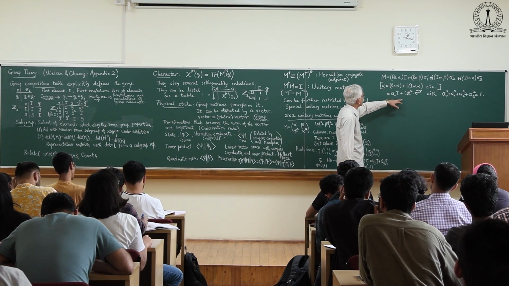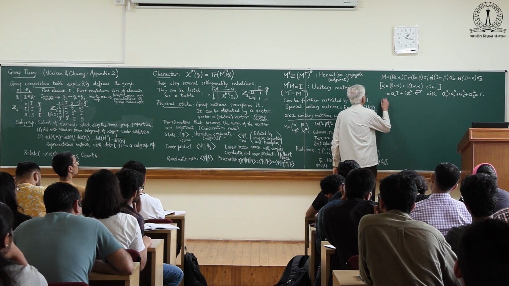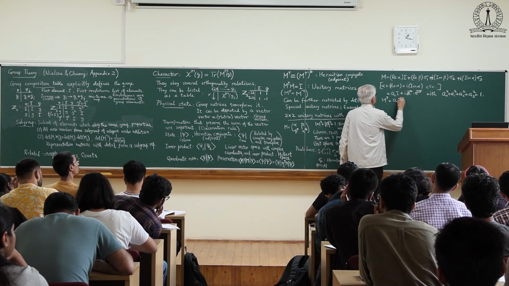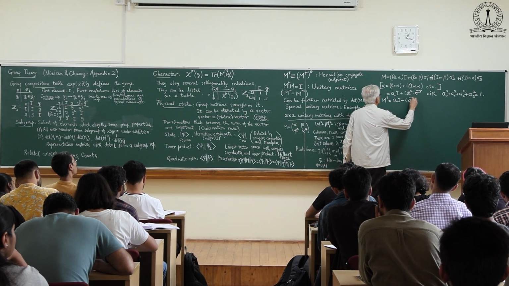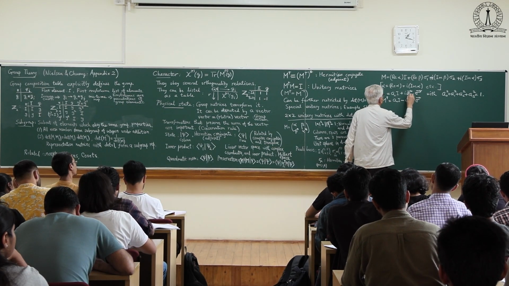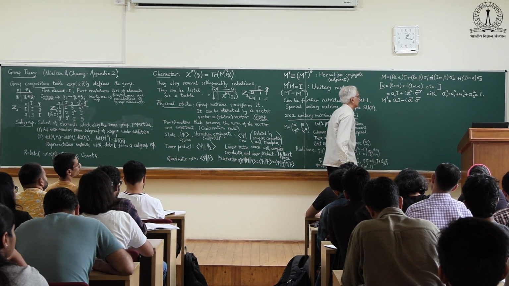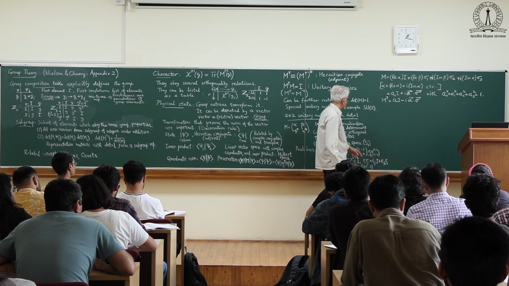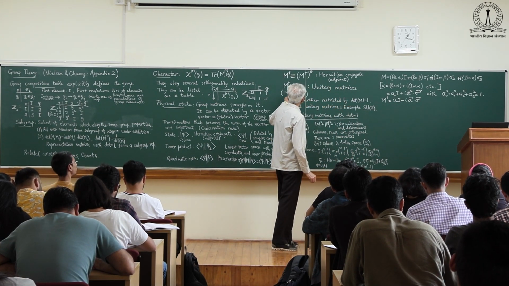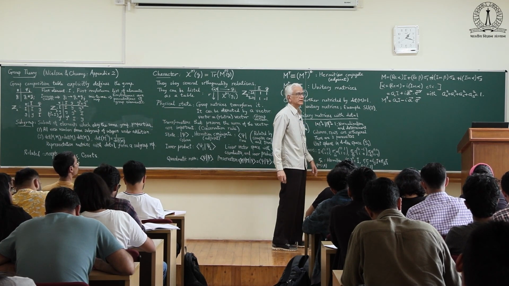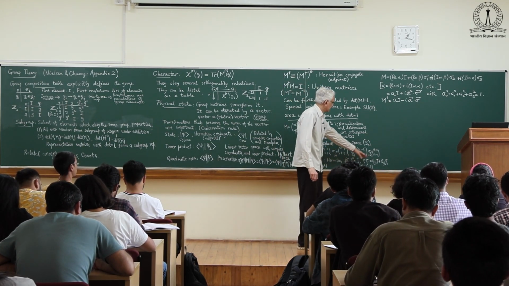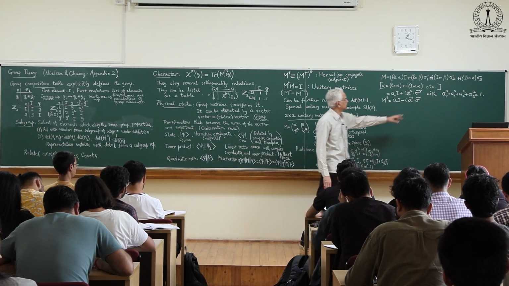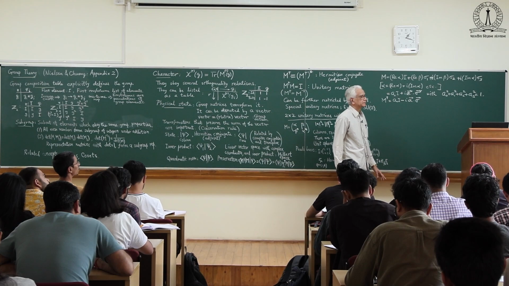You construct M dagger M. The Pauli matrices are Hermitian, so the only thing which happens is the sign flips, and now you can easily check that M dagger M will give you identity. Multiply this, use all these commutation rules, and everything will come out to be just this particular condition.